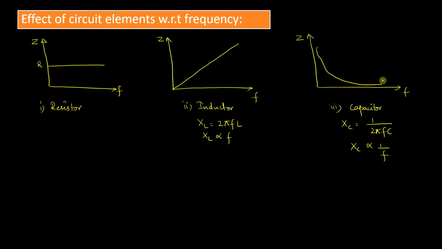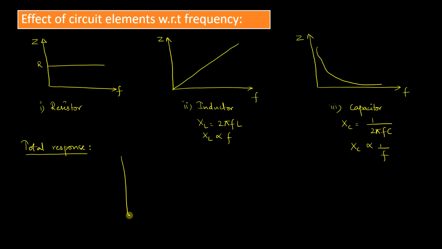Let me now draw the total response, which includes resistor, inductor and capacitor. That is because in our circuit we have all of these, right? So when you draw the total response, you need to consider also the condition when there is a resonance.